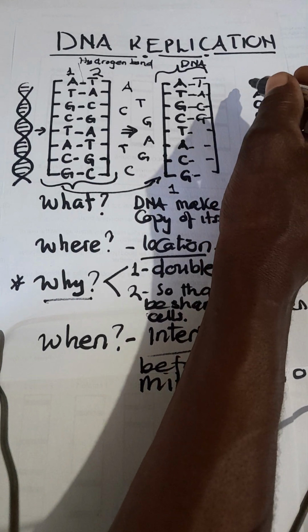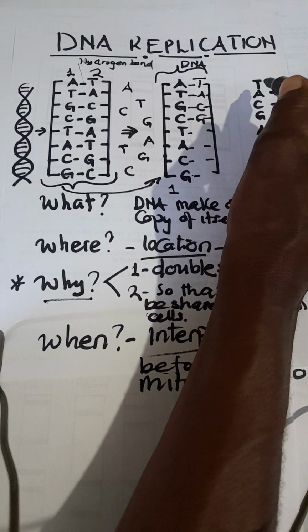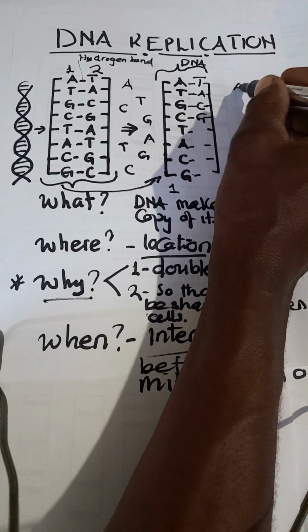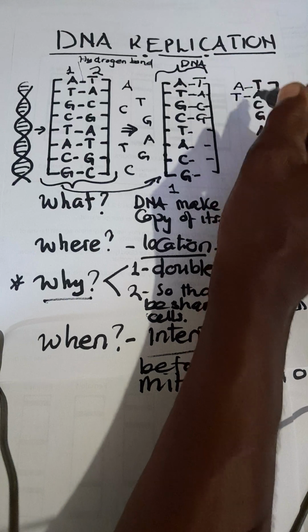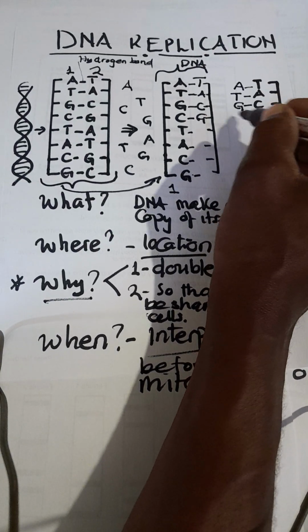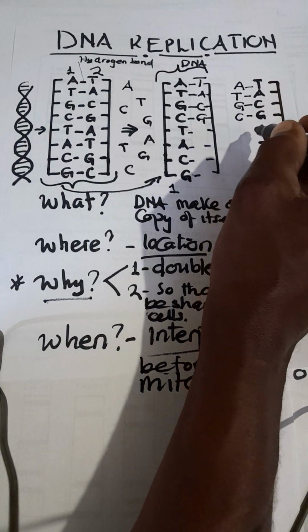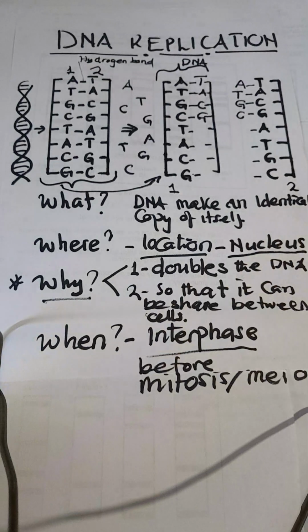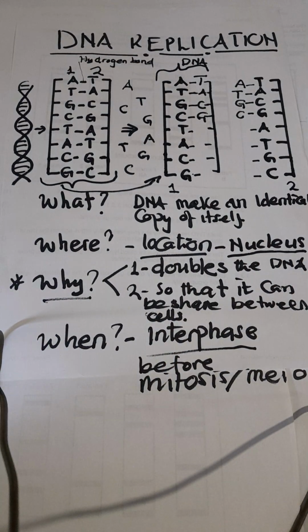Whereby we are going to have a T inviting A, A inviting T, C inviting G, and G inviting C. It goes on and on according to the way they are complementary.